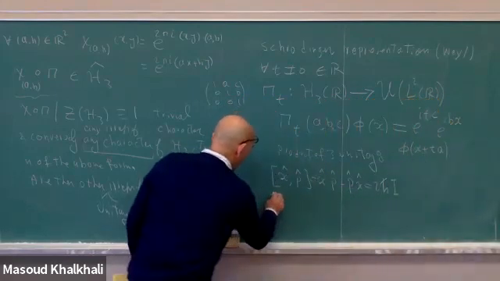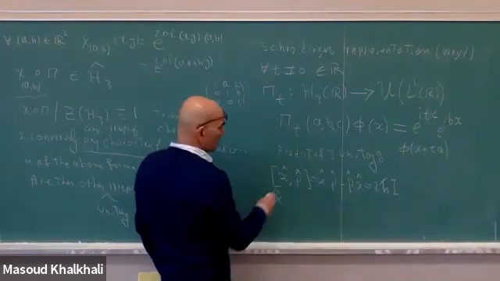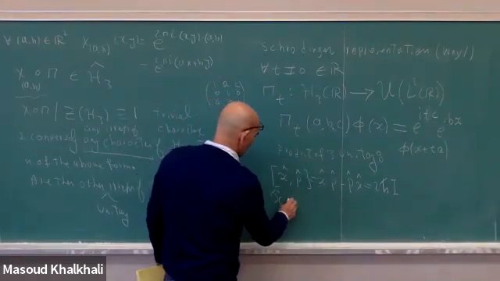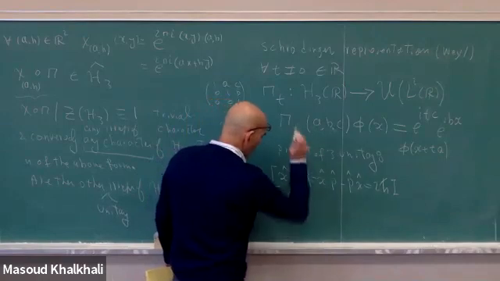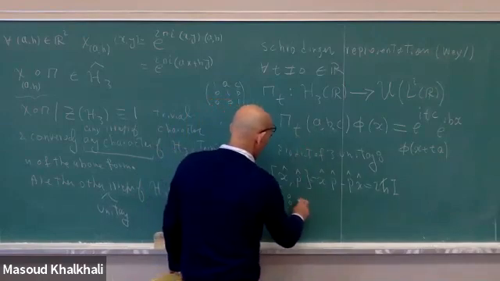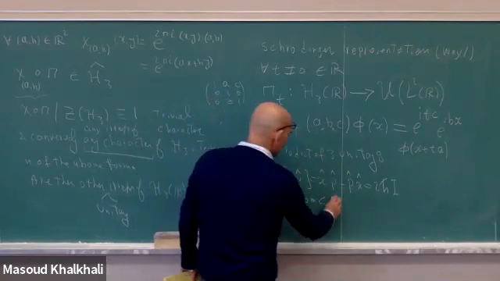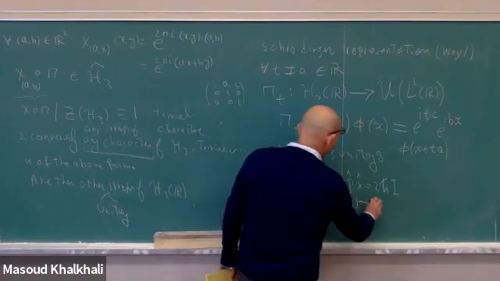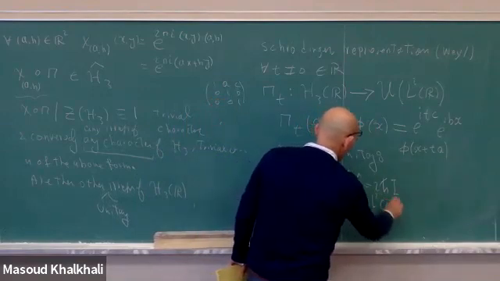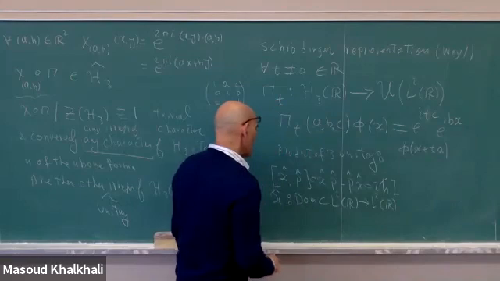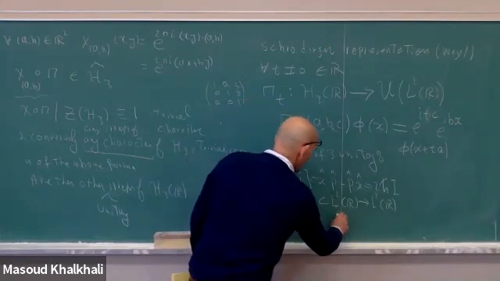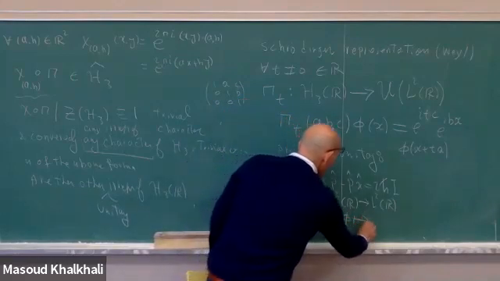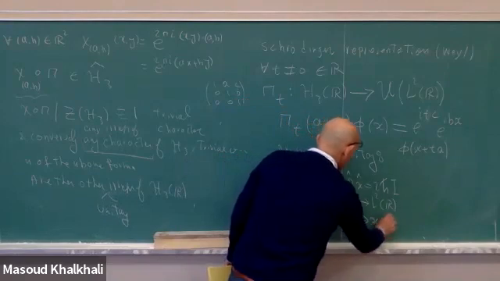So x hat, unfortunately, is an unbounded operator that goes from some dense domain inside L2 of R to L2 of R. It's just the operator of multiplication, which sends phi to x phi.